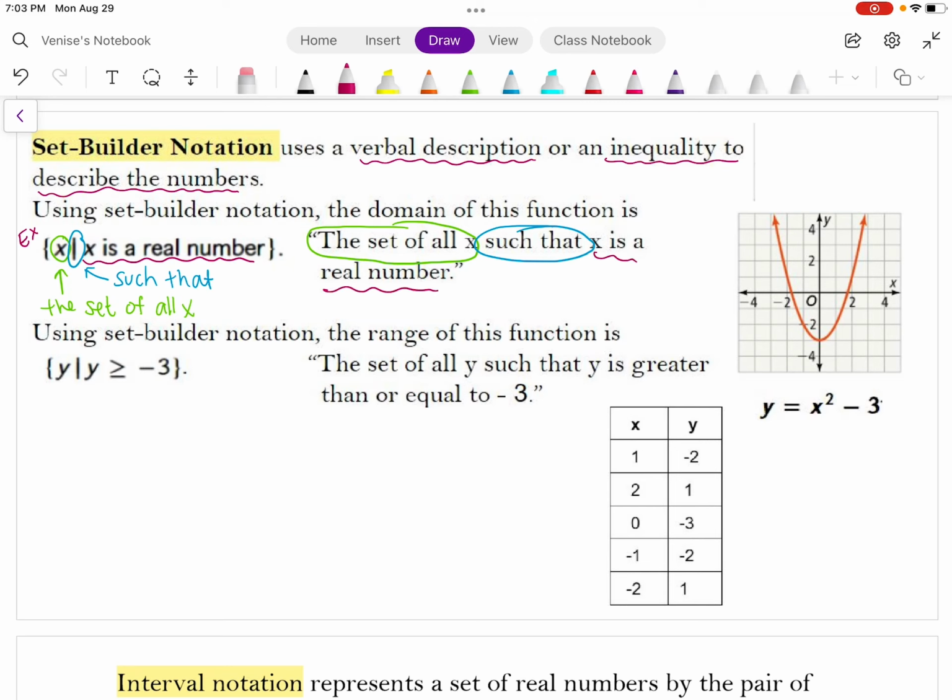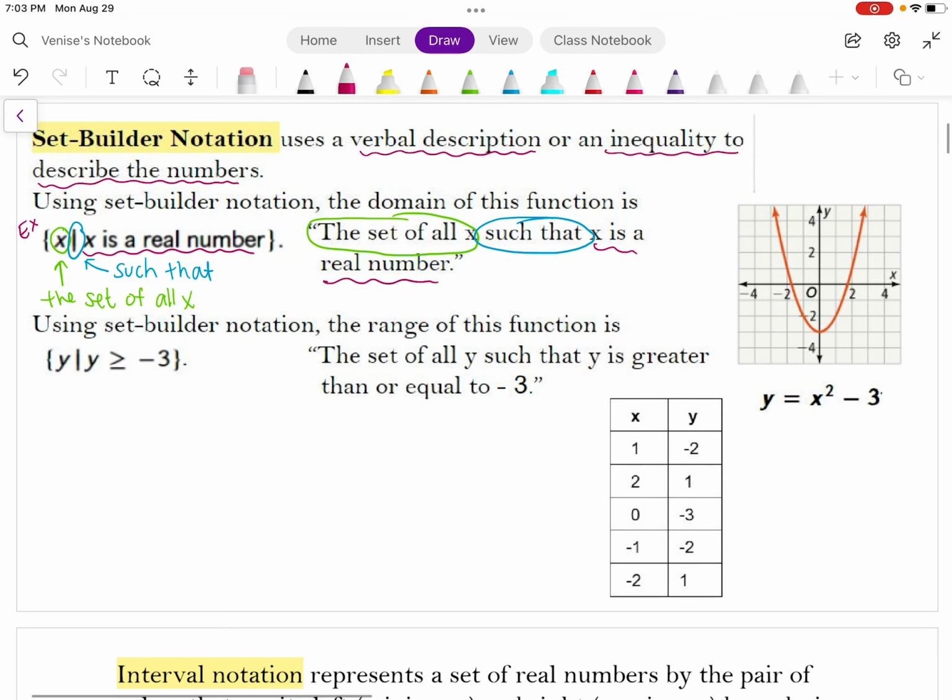So this is basically talking about the domain of this function. So the function tells us y equals x squared minus 3. The domain of this function starts from the leftmost side of the function and it goes to the right.